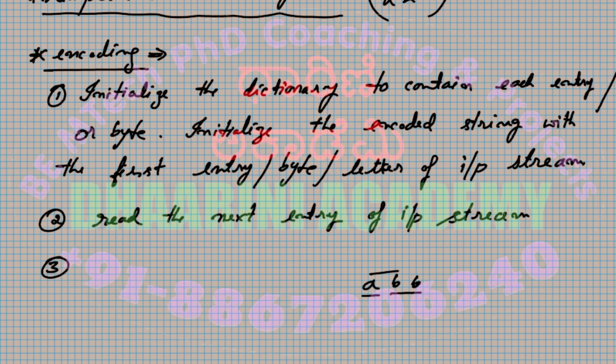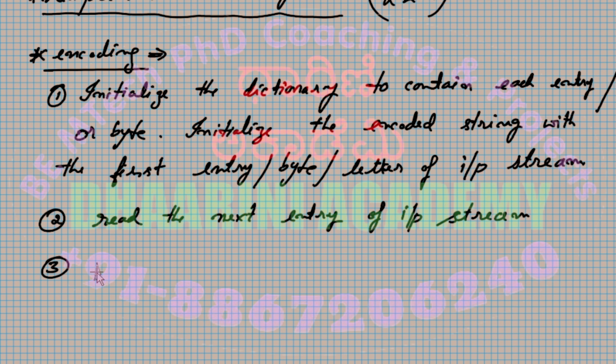Let me assume that I have another string coming here, say AAB maybe. So A is done. Once again, I read the next one. There is an A, which is already present. So if you get a string that already exists in the dictionary, concatenate that to the encoded string. Now you see this is the difference. We didn't have this step earlier.